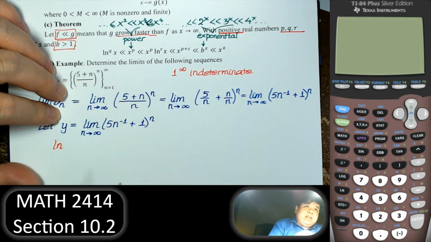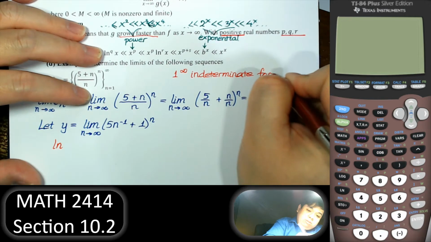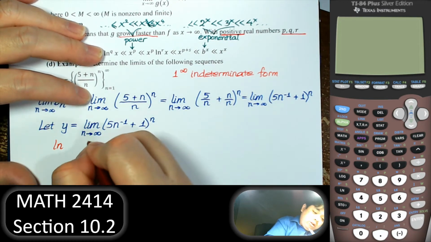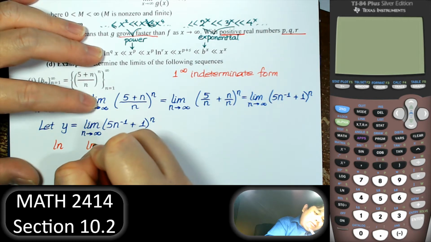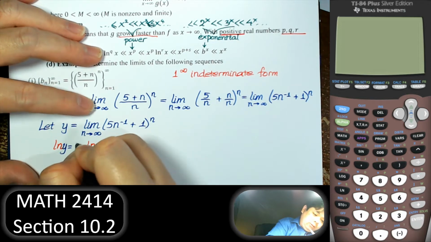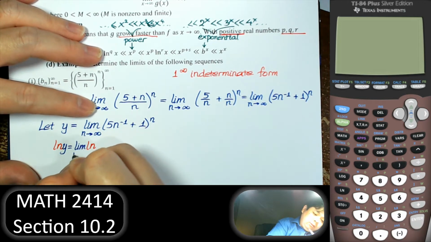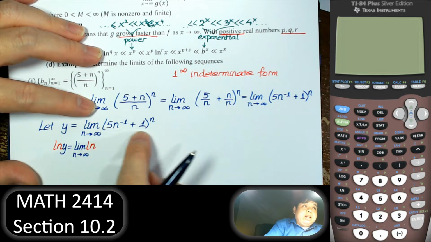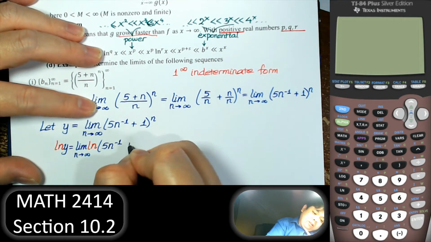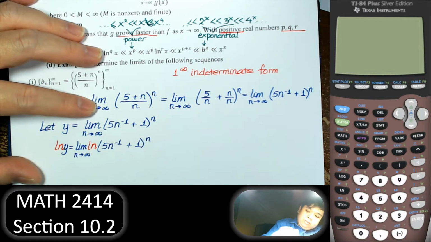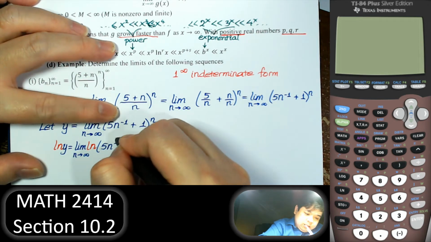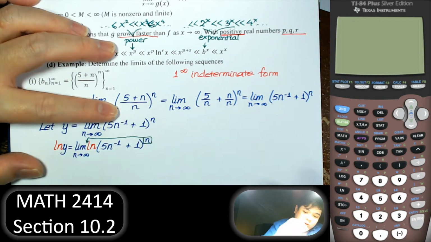For an indeterminate form, anything that has the exponent, we should take ln on both sides. And I put ln inside of the limit. With that, we can take the exponent outside.